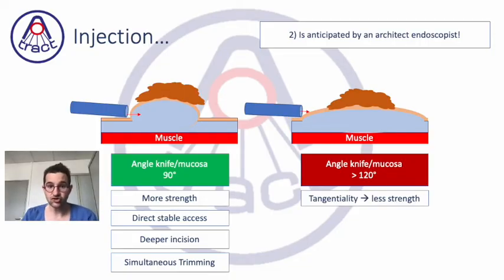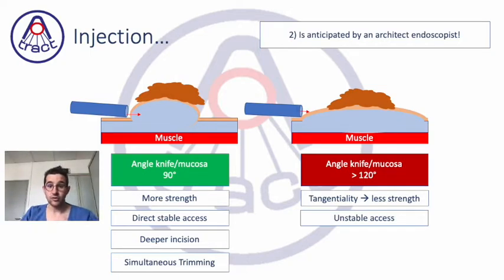If you have a tangential approach of 120 degrees, you are tangential, so you are not really stable, because the scope is not on the mucosa but slightly moving on it, and the knife will not be really opposing the face of the mountain, not really entering the mucosa. With this tangential approach you will not have a deeper cut.